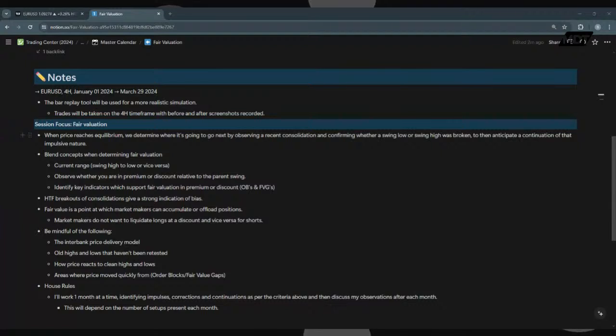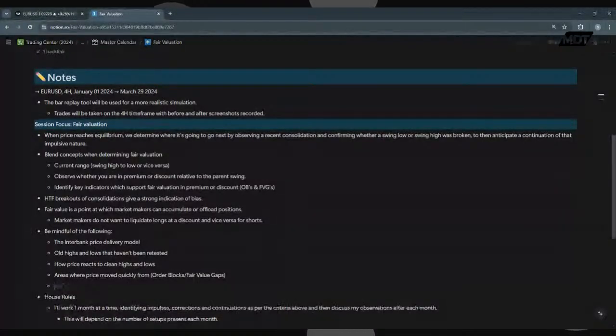And then old highs and lows that haven't been retested. We know that the market likes to come back and run these highs or lows, as well as how price reacts to clean highs and lows, and then areas where price moves quickly away from. This is normally where order blocks are formed or where we have fair value gaps.